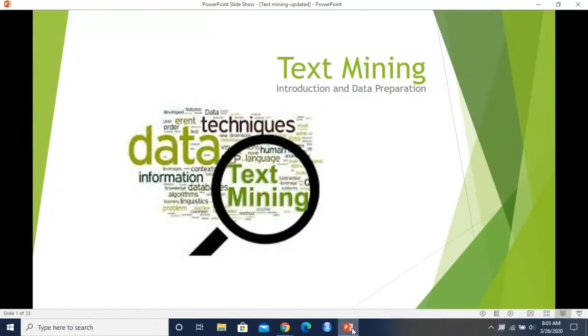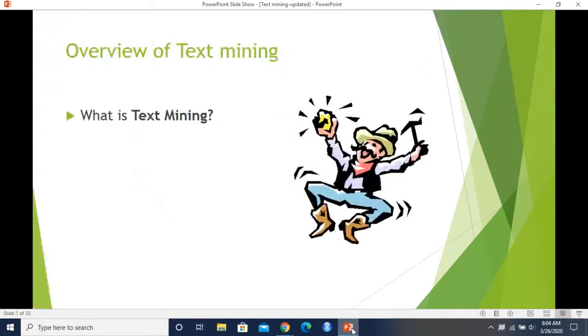In this presentation, we will talk about what text mining is and what data we can utilize it with to answer our research questions. Text mining is the process of turning large quantities of text into useful information.